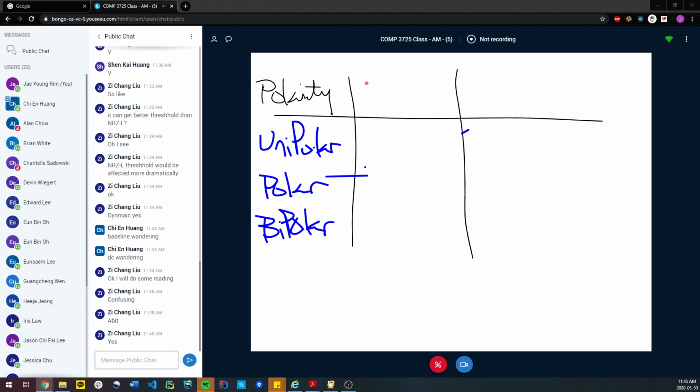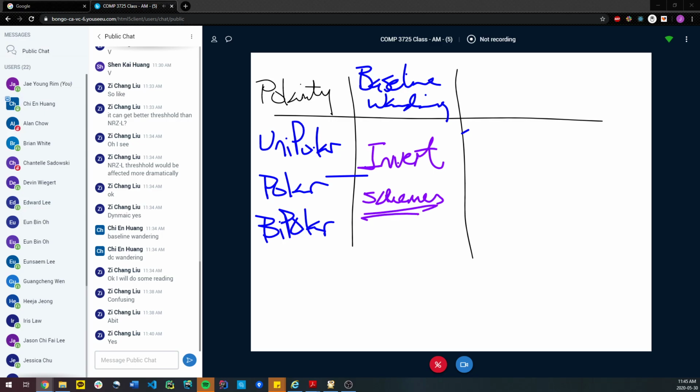Then we have to deal with something known as baseline wandering, or DC wandering. How do we deal with that? Does anybody remember? We use the notion of invert schemes, where depending on consecutive ones or zeros, we flip the polarity.